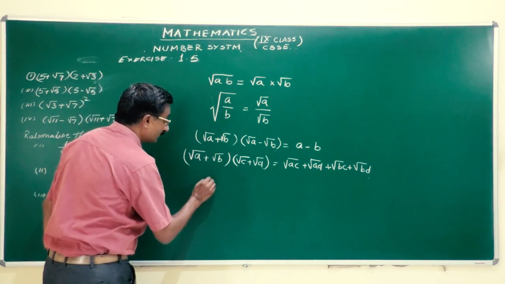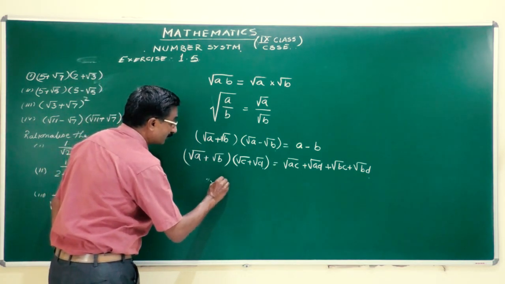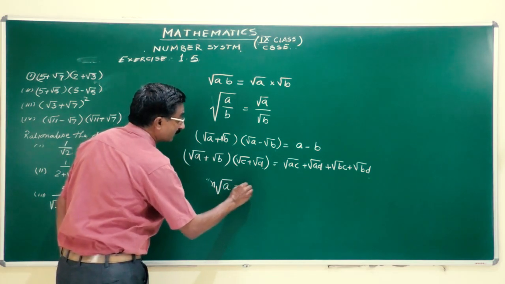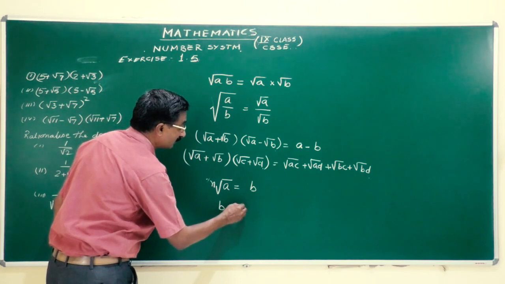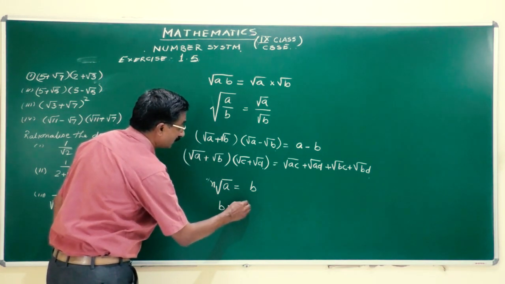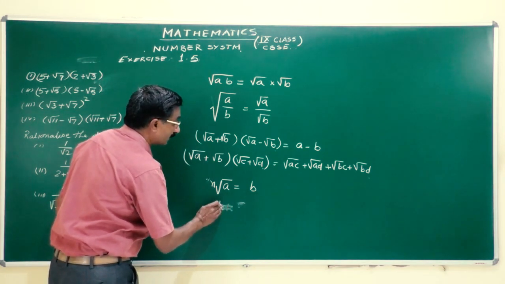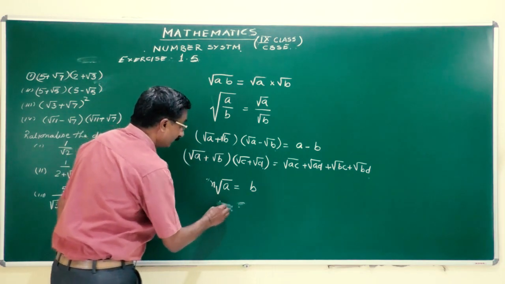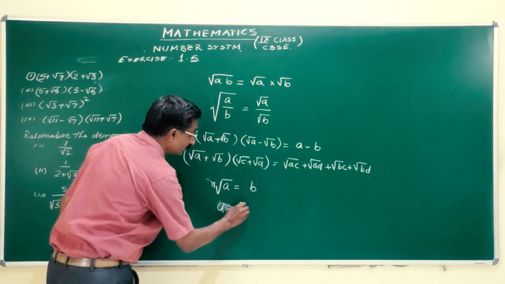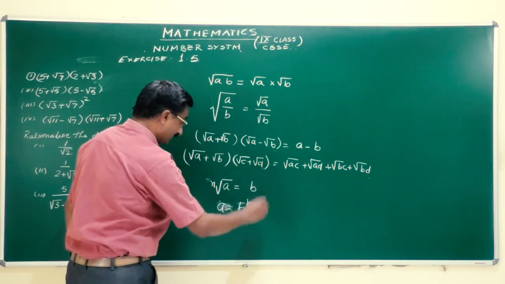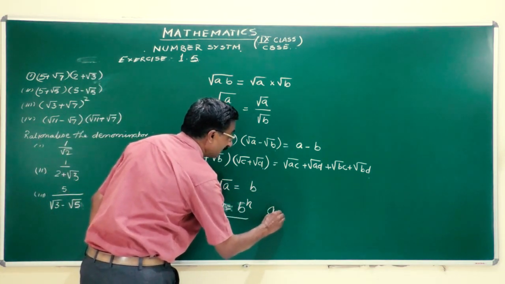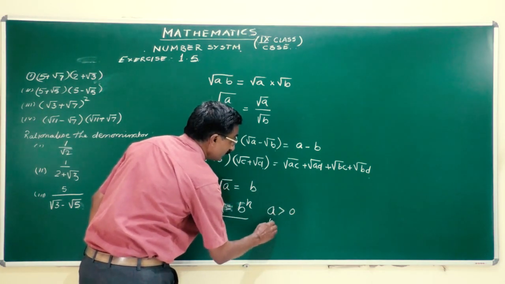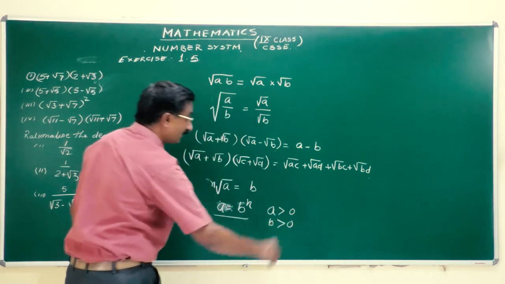Now, nth root of A is equal to B means we can write A is equal to B raised to the power n, where A is greater than 0 and B is also greater than 0.